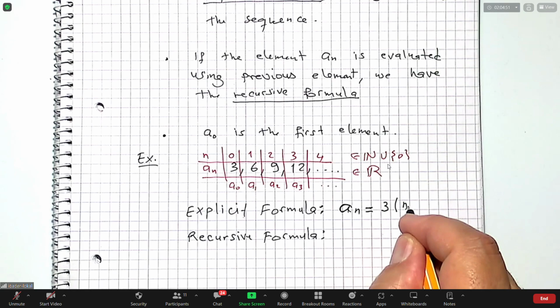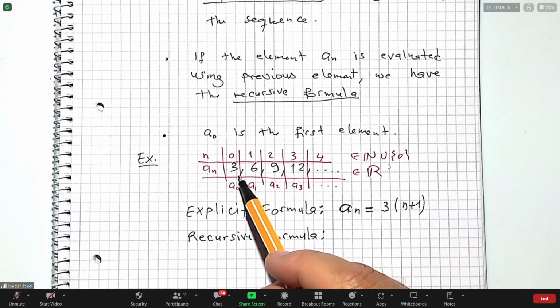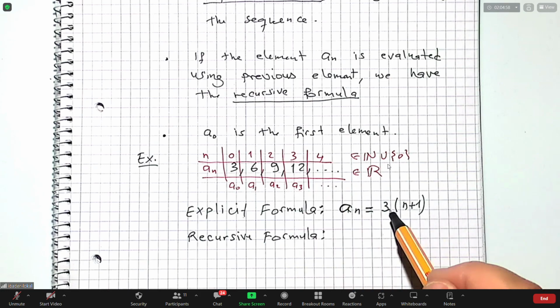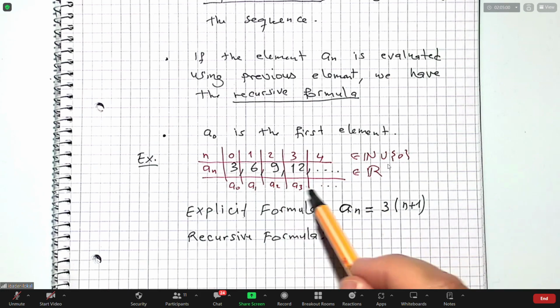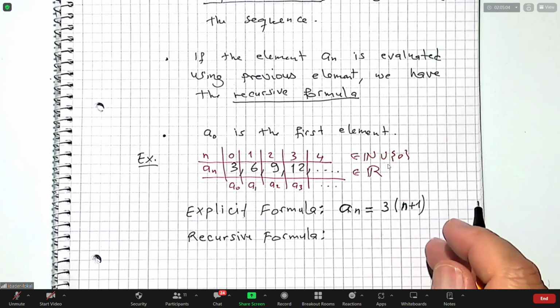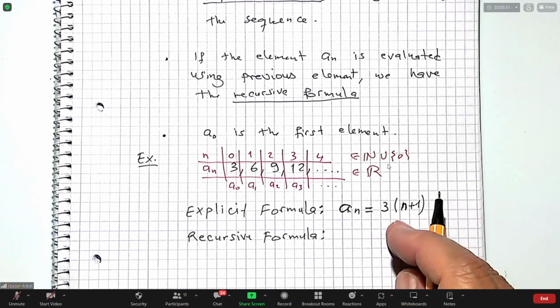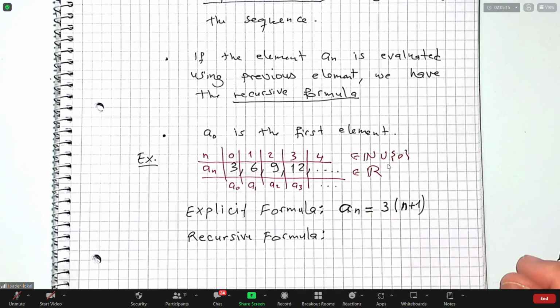So n plus 1, let's check. At 1, it gives me 1 plus 1, 3 times 2 is 6, and so on. So this will work for all. So for instance, if you want the element, I don't know, 121, then you just plug in 121, add 1, and then multiply it with 3.